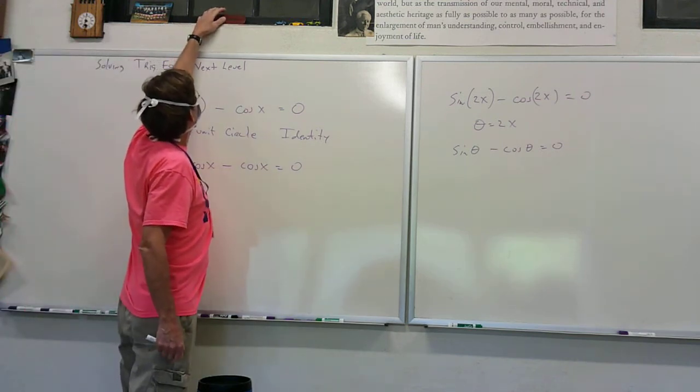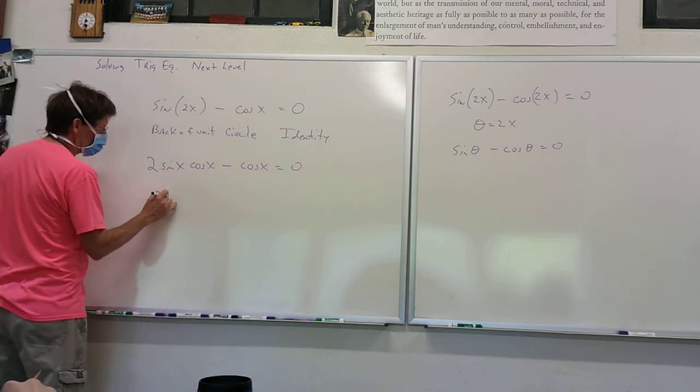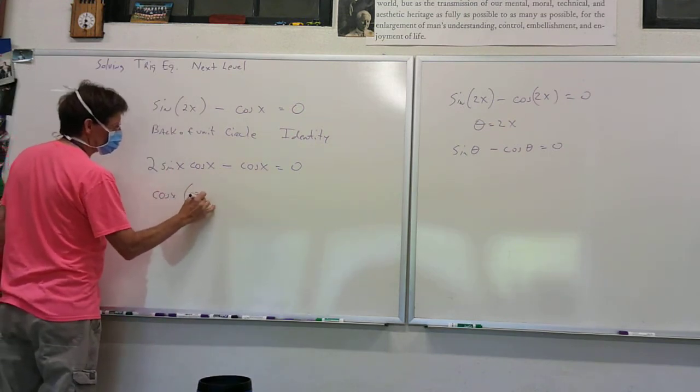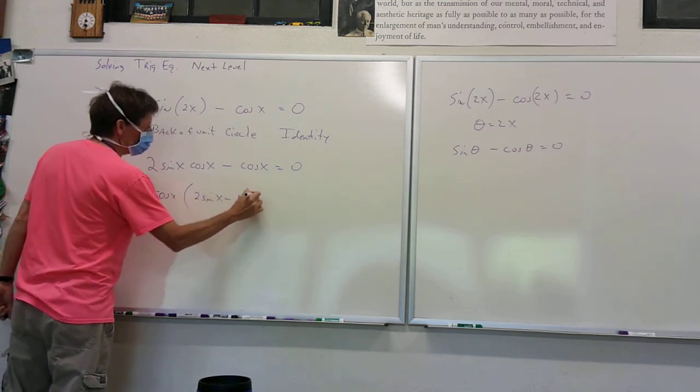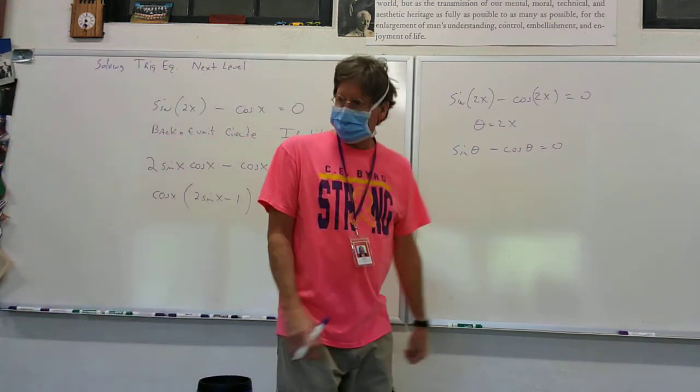Now, all right, you factor out cosine x. And the factoring is good because it equals 0. Don't try to factor it unless it equals 0. Then you're going to set each one of those factors equal to 0.